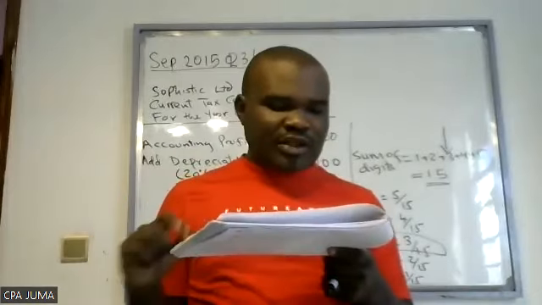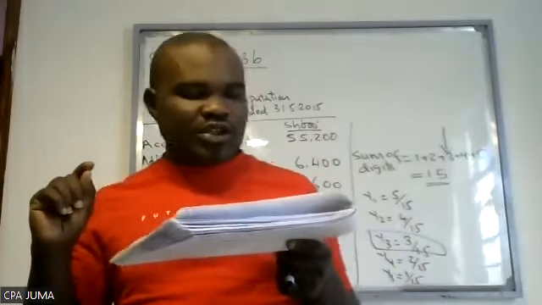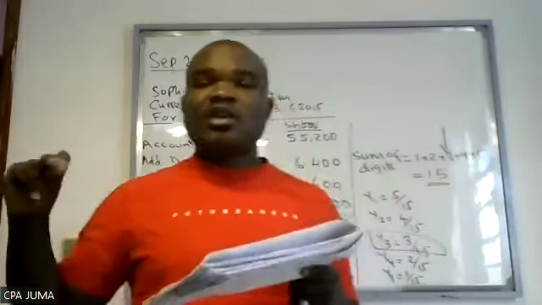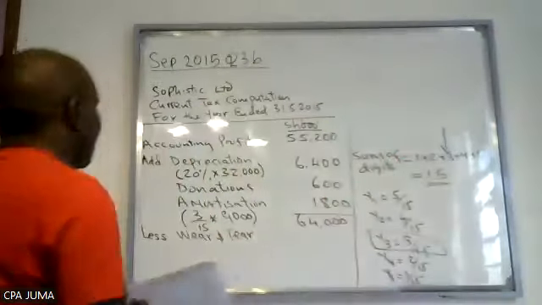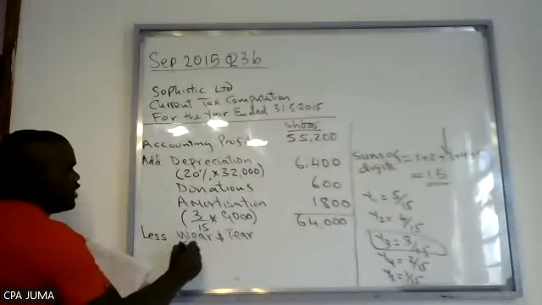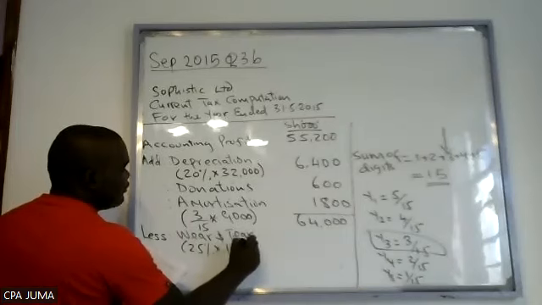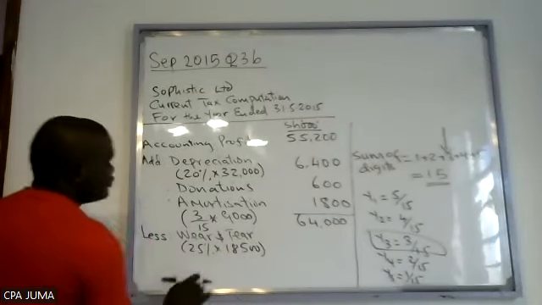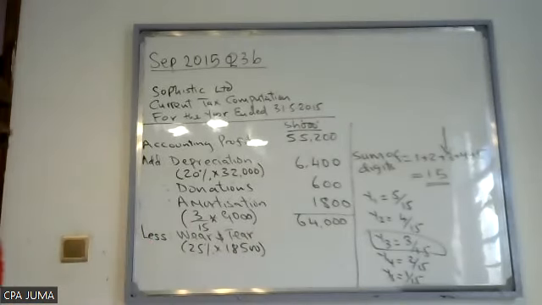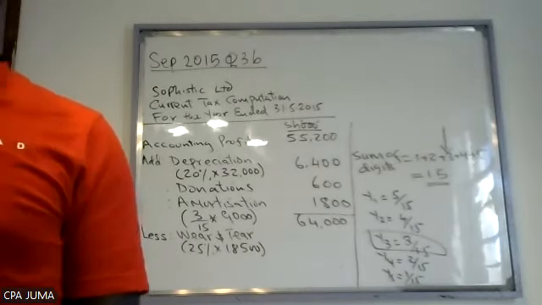In this case, tax written down value on 1st June 2014 was 18,500. So for tax purposes, we check the tax base. Tax base is the written down value, which is 18,500. So you will take 25% of the written down value, which is 18,500. So what is 25% of 18,500?